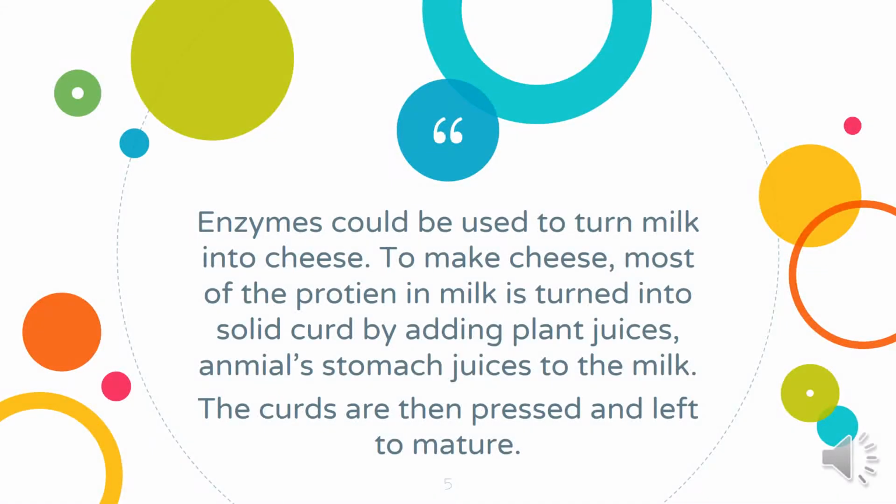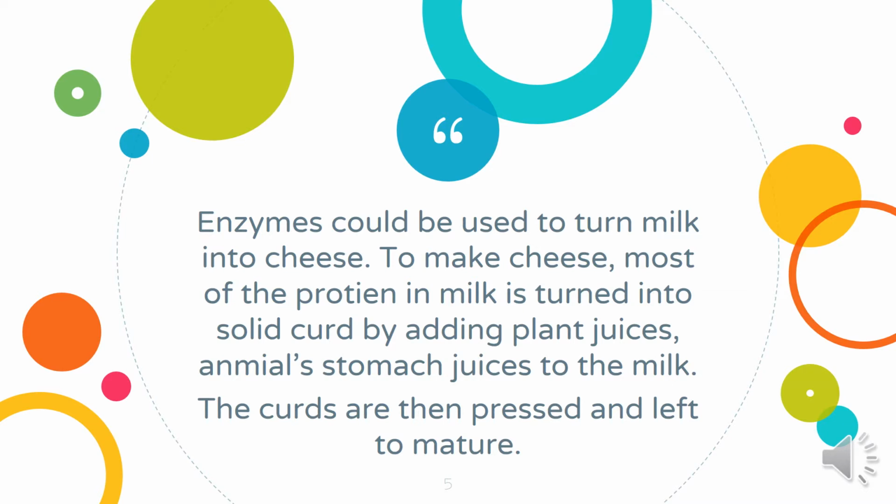First of all, enzymes can be used to turn milk into cheese, and we all know that cheese and milk are proteins. So to make cheese, most of the protein in the milk is turned into solid curd by adding what? Plant juices and animals' stomach juices to the milk.